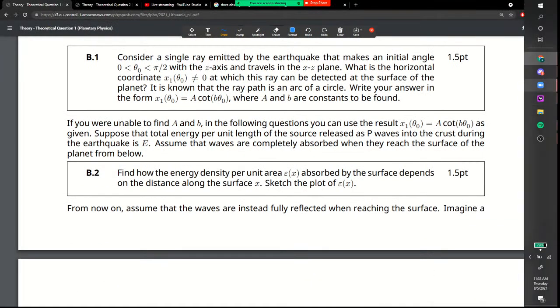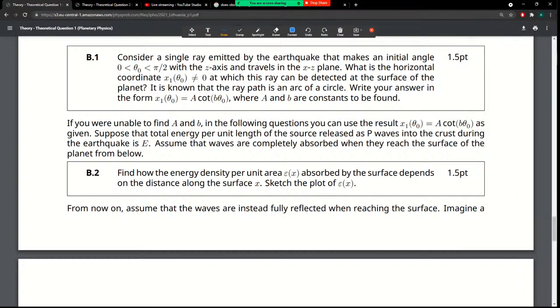Okay, so B2. If you are unable to find A and B in the following question, you can use the result x1 theta naught equals A cot B theta naught as a given. Suppose the total energy per unit length of the source released into the crust during the earthquake is E. Assume that waves are completely absorbed when they reach the surface of the planet from below.